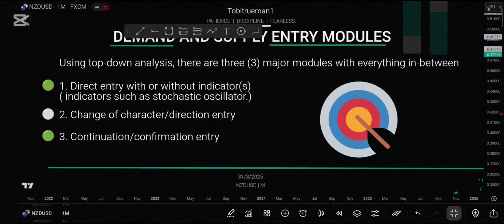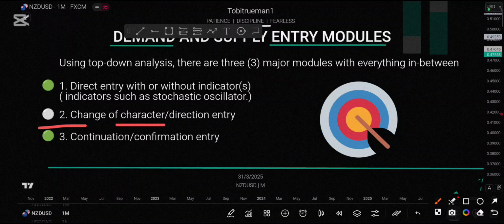Now, I'm going to explain each one with their own diagrams and explanation. Number two is the change of character or direction entry. When we see the market get to a monthly supply or demand zone, how do we enter it on the corresponding time frame?